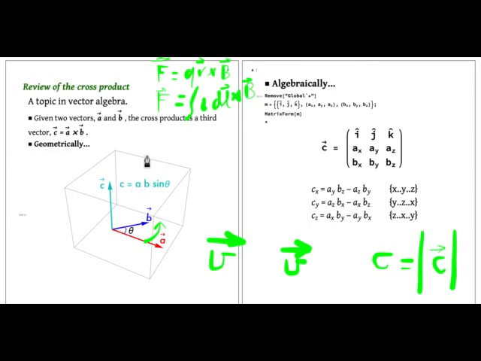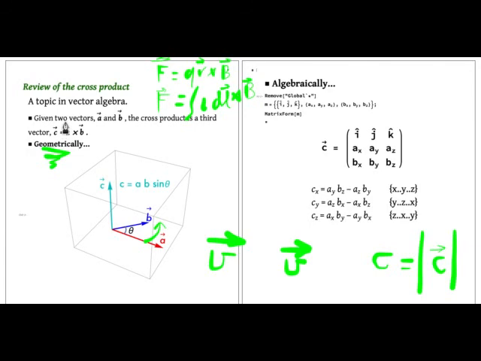You multiply A times B. But it's not as simple as that. You multiply A times B and multiply by the sine of the angle between the two vectors. So that's the geometrical meaning of the cross product, and we'll often have to use that picture.